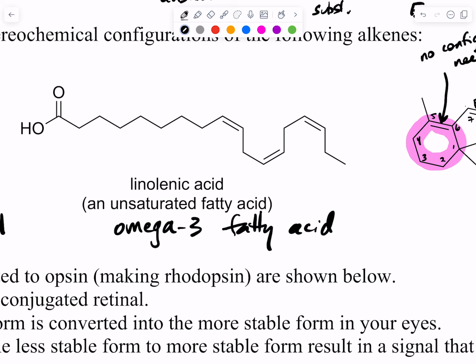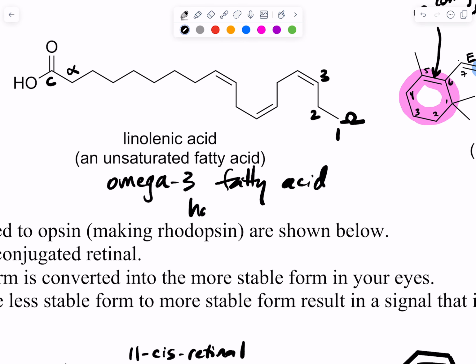And the reason we call it an omega-3 fatty acid is when chains are really long, I told you before that we'll start, here's the carbonyl carbon, the one that's bonded to a carboxylic acid. This is the alpha carbon. We could continue to assign Greek letters from there, but eventually we forget them. And so what we do is we go to the end of the chain and we say, that is the omega carbon. That is omega carbon 1, omega carbon 2, and omega carbon 3.